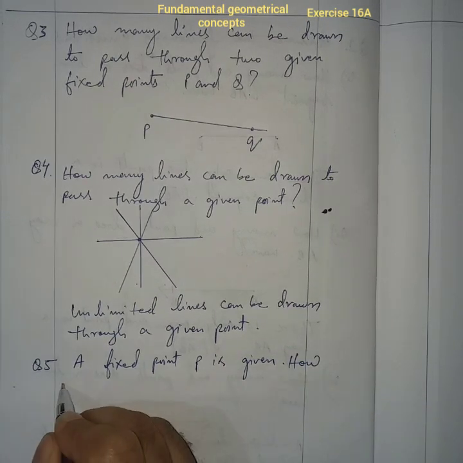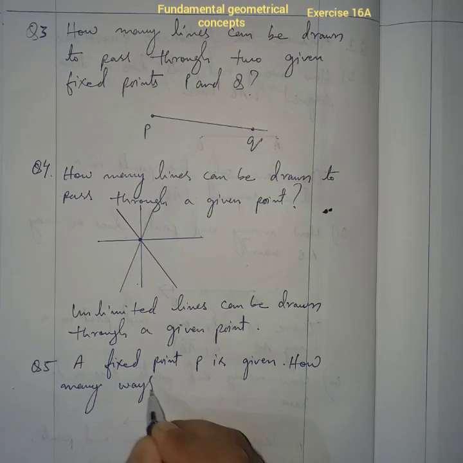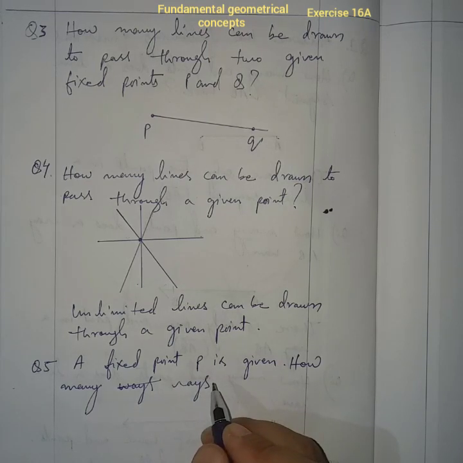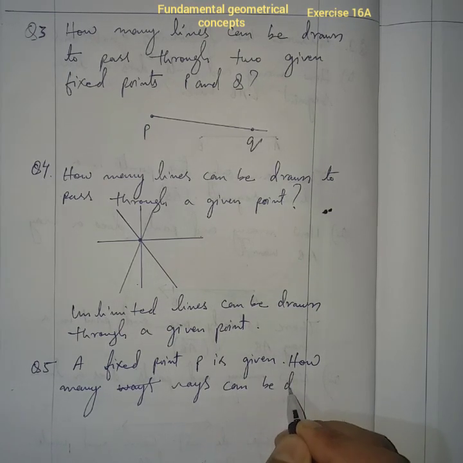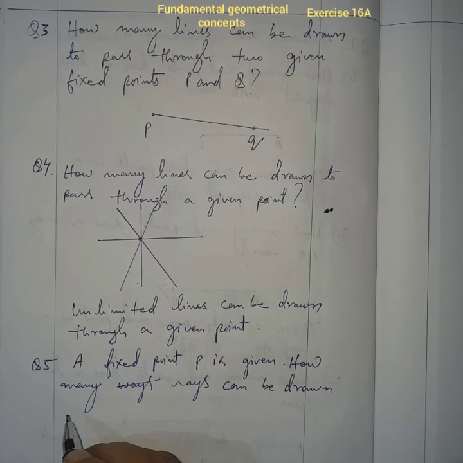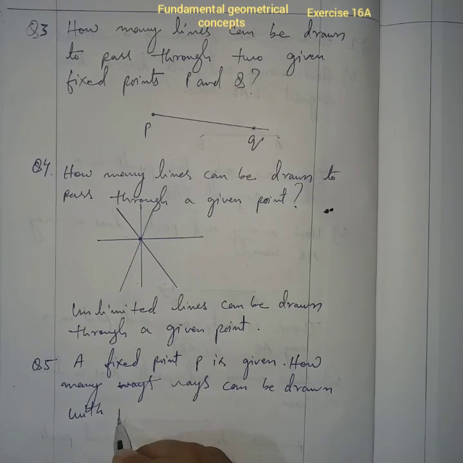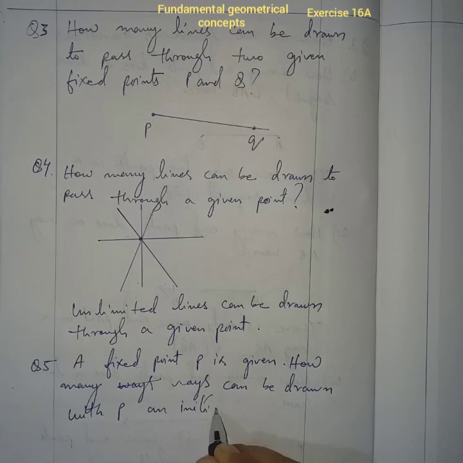How many ways, no, how many rays can be drawn with P an initial point?